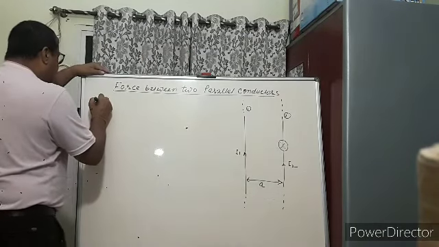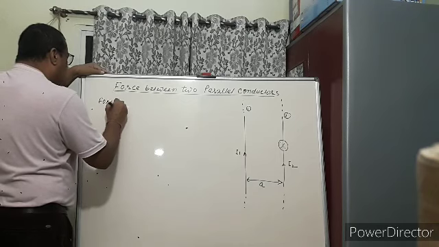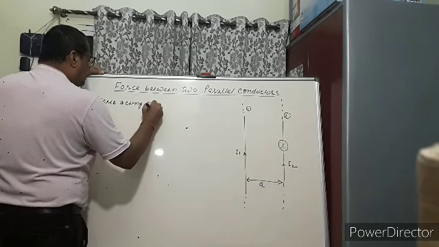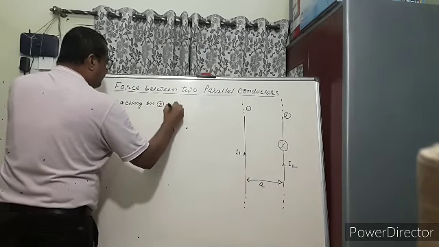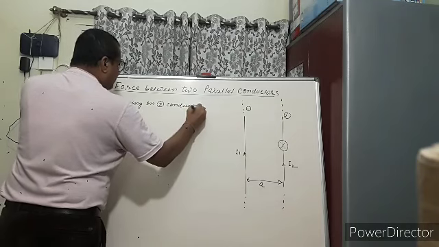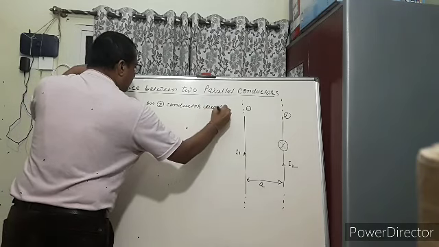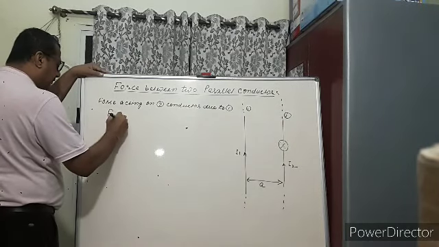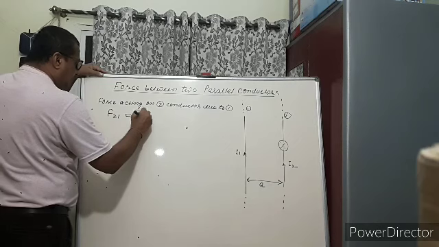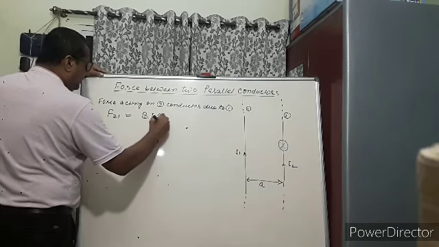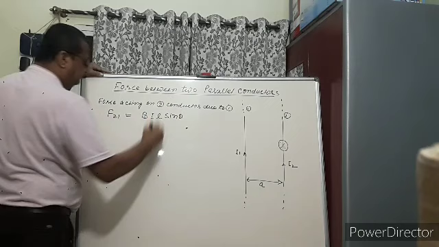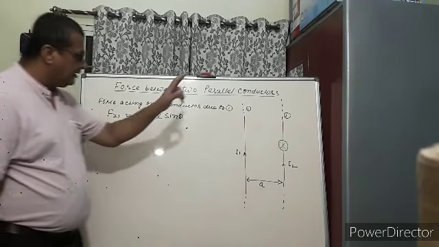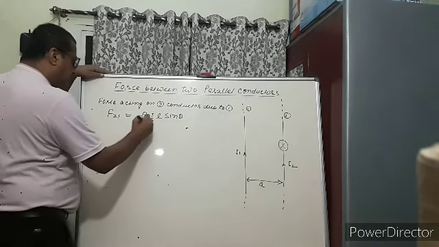So the force acting on the second conductor due to the first, F21, is equal to B I L sin theta. Which conductor is producing the magnetic field? Conductor 1 is producing the magnetic field, so here it will be 1.